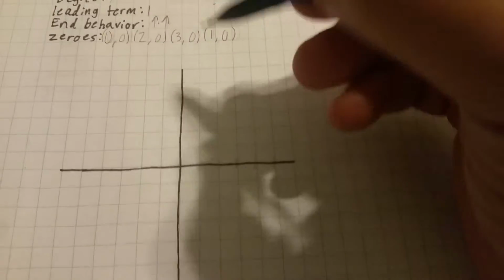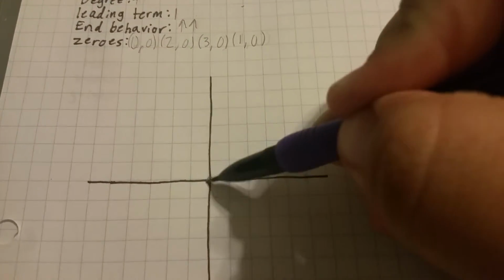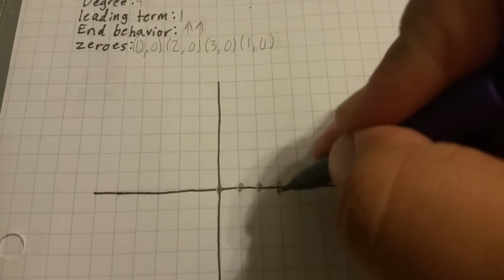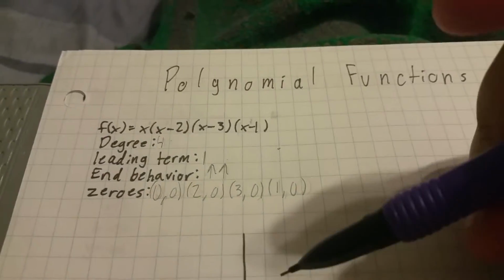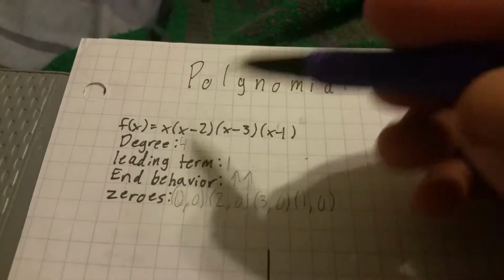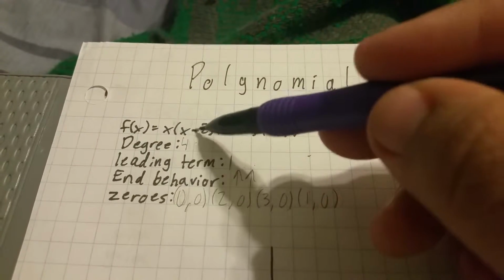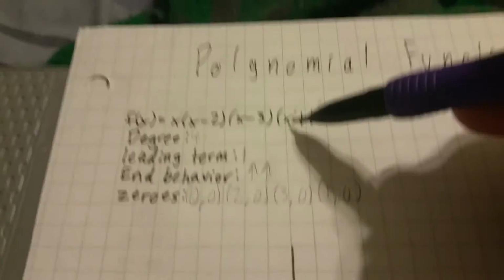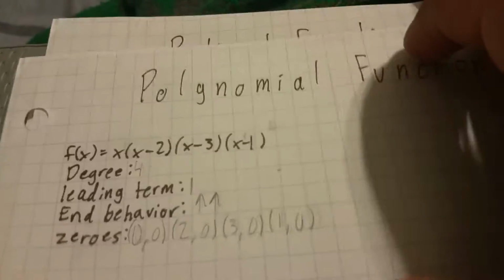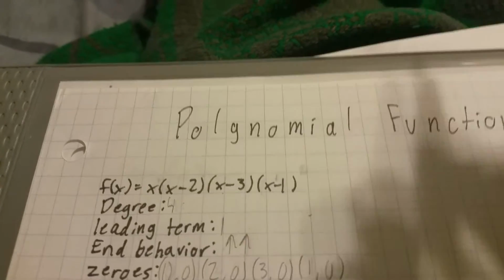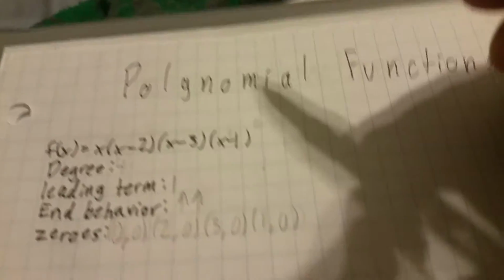Now, in order to graph, you want to place about where your zeros would be. And there's one thing I didn't mention, which is the multiplicity, which you're going to need to know later. It's based off the exponent of each factor, whether it's 1, even, or odd.